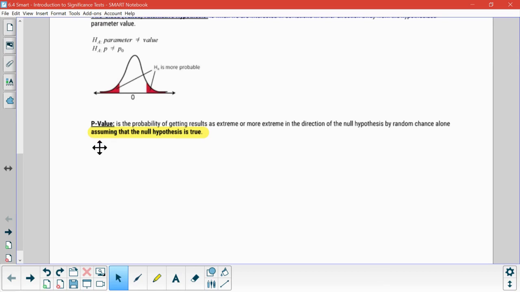And one thing that I have highlighted is we're working under the assumption that the null is true. We build sampling distributions in the world where their claim is true so that we can see what's the likelihood of this actually occurring if that were to be true. And it helps us support or argue against their original claim.